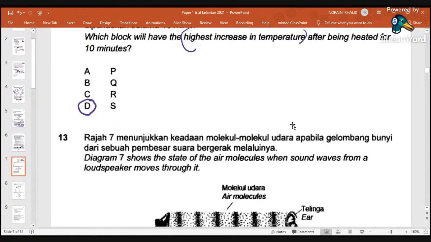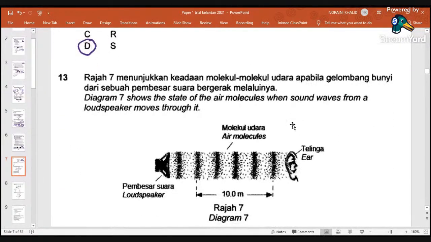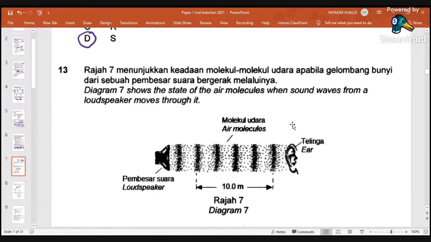Number 13, diagram 7 shows the state of air molecules when sound wave from loudspeaker moves through it. Topic wave, sound wave, longitudinal wave. So you can see there's a compression and rarefaction region as the sound energy is transferred by vibration of air molecules.